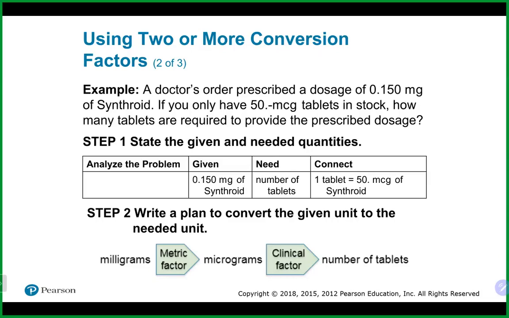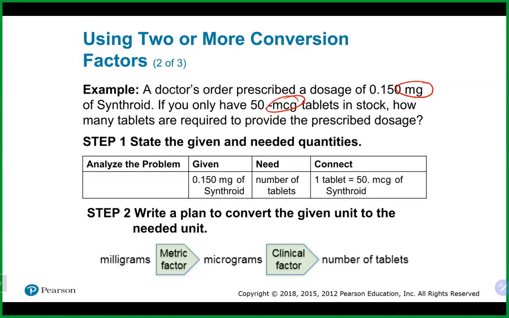So once again here, we do need to make sure that we get everything in the same units. So we have different units. We have milligrams here and we have micrograms. So we can't use them together. Our conversion factor is really this one here.